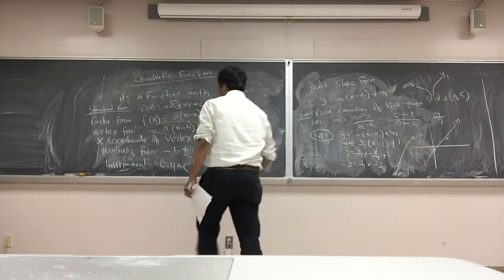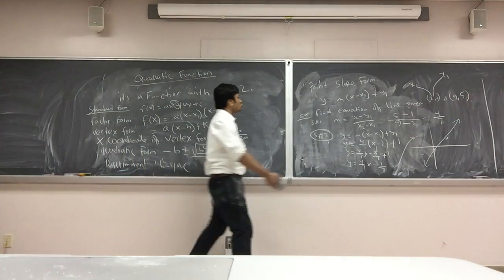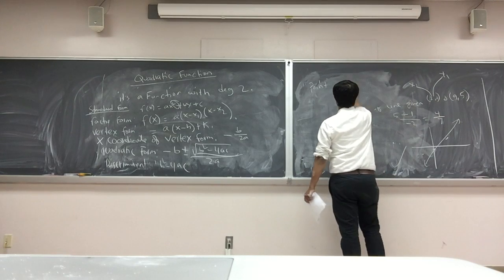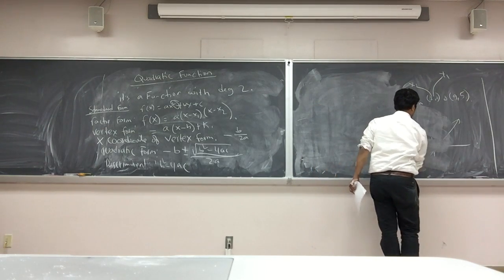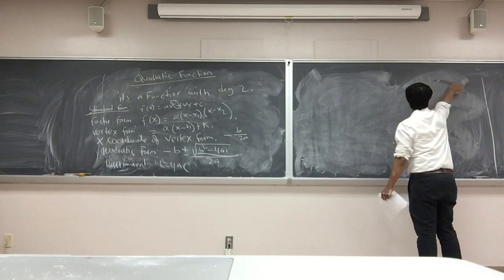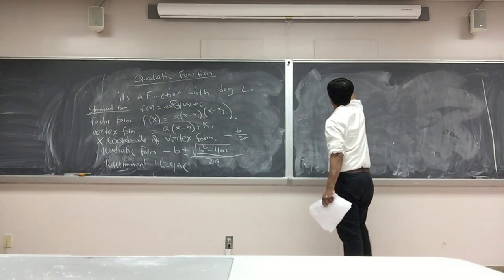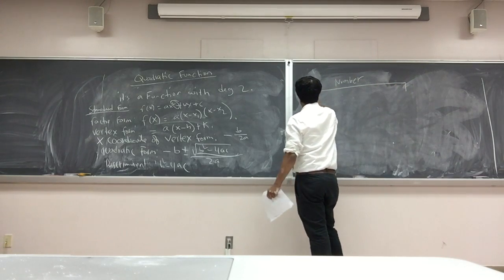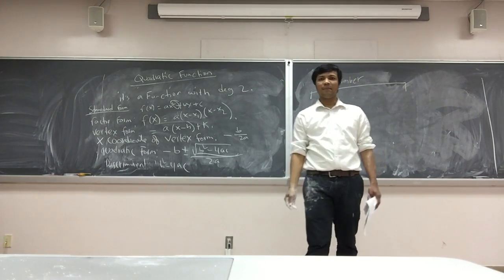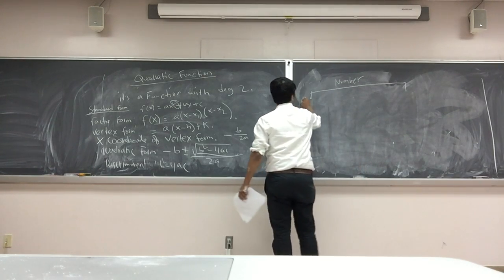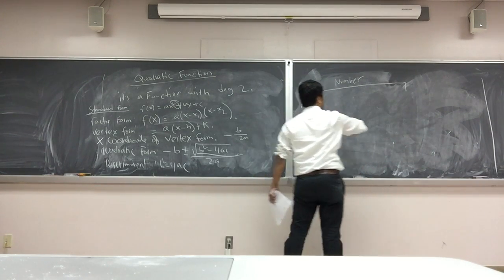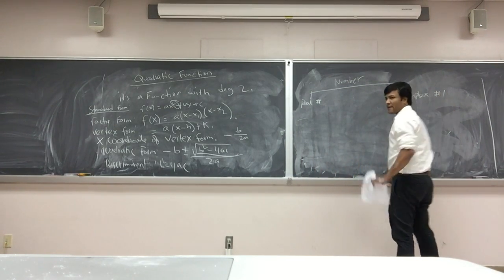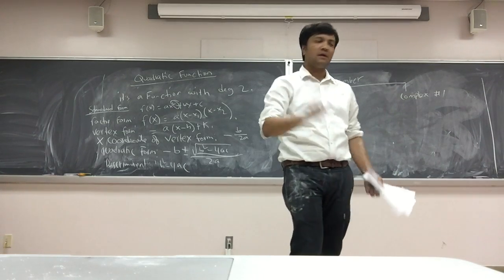As you may recall, there are two types of number, real number and complex number. There are 5 types of real number.